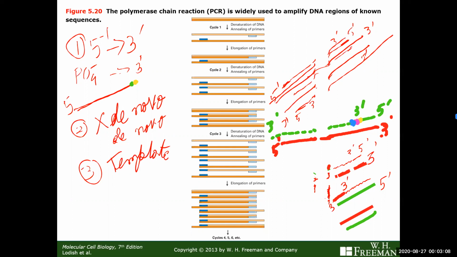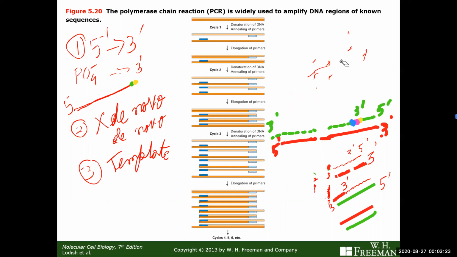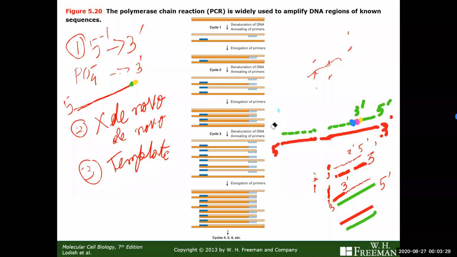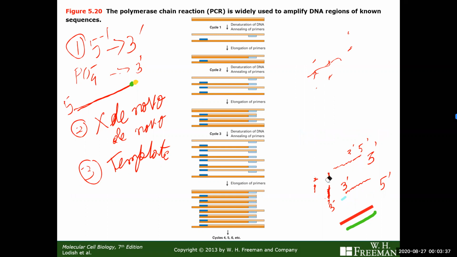So you can amplify any segment of the genomic DNA by just careful use of primers and PCR amplification, to generate any length of genomic DNA, and then you can clone it. Okay, and the utility of that we will come to very soon.